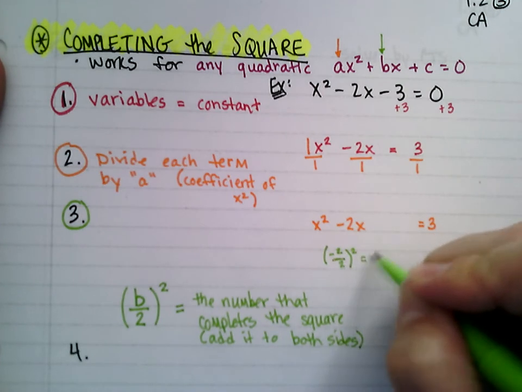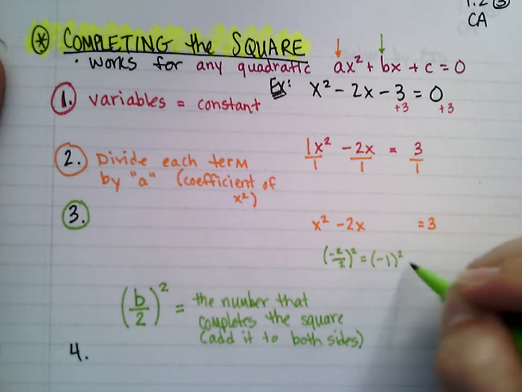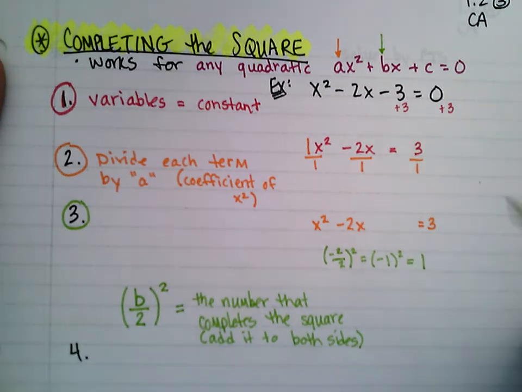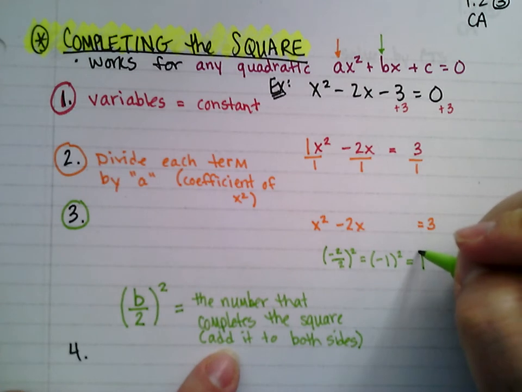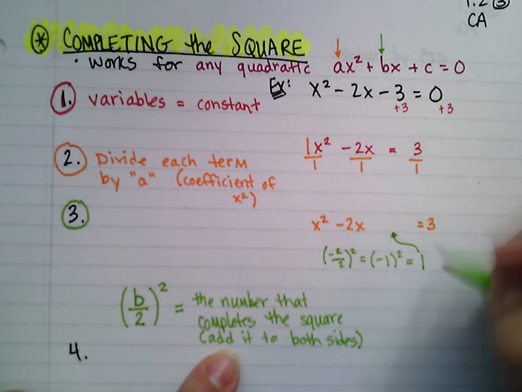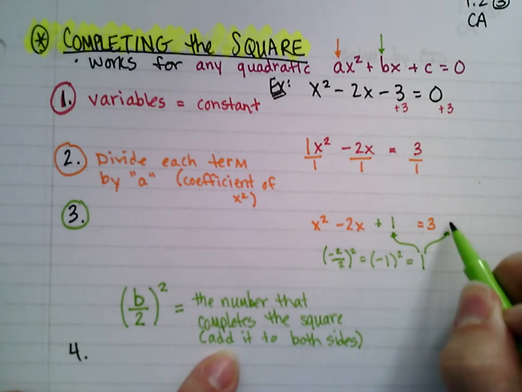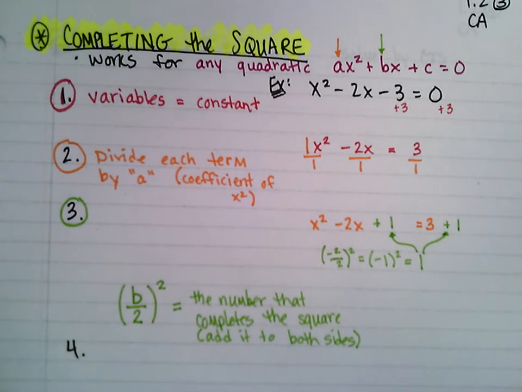Negative 2 divided by 2 is negative 1. And when I square it, I get positive 1. So I'm going to take this number here. 1 is the number that completes the square. I'm going to add it to both sides. So I'm going to put it here, I'm going to put it here. So I'm going to go plus 1 here, plus 1 here.